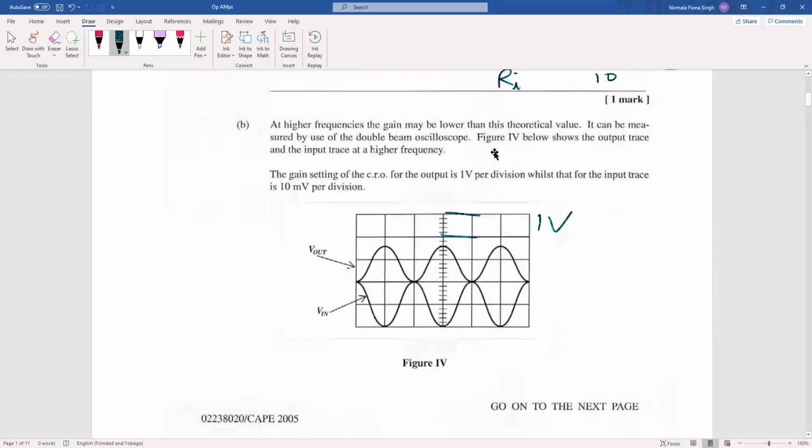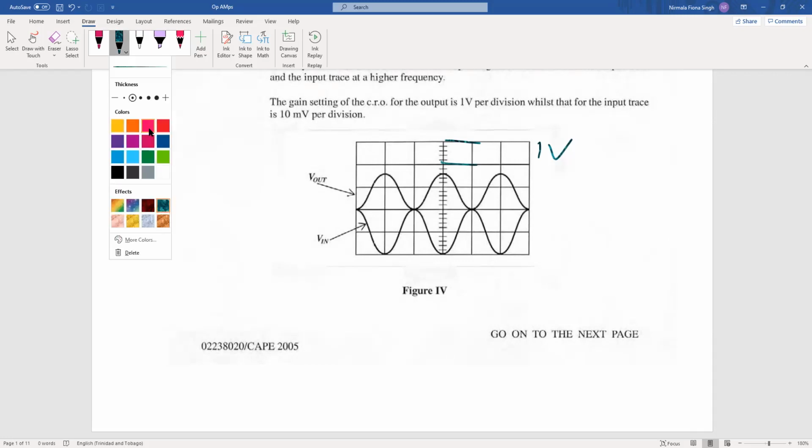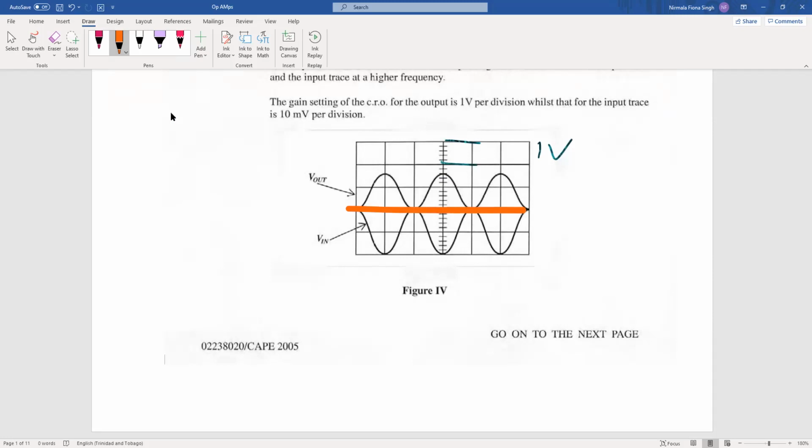All right, so let's see. So here we have our output and we have our input. So let's just break this up so you all know what in the screen you all should be looking at. So let's just take a line here. This is showing both your input and your output together, right? So our input, right, even though it looks negative, it's just one will be the reverse of the next because we are in an inverting amplifier.